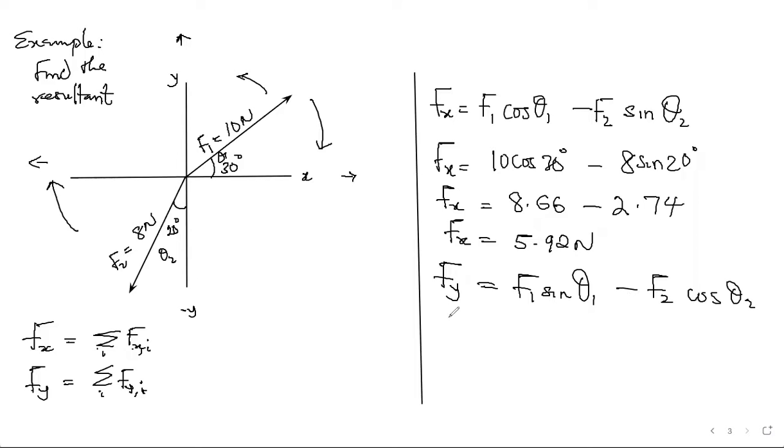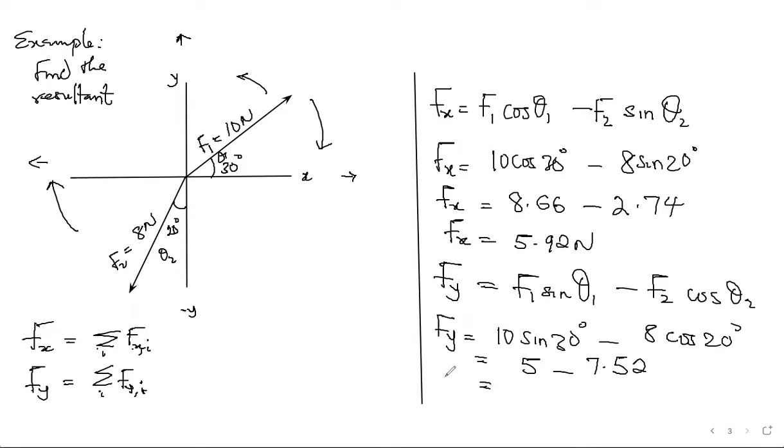Okay. So Fy will be F1, that's 10 sine 30, and this will be 8 cos 20. So this will be 5, and this will be 8 cos 20, which should be 7.52.